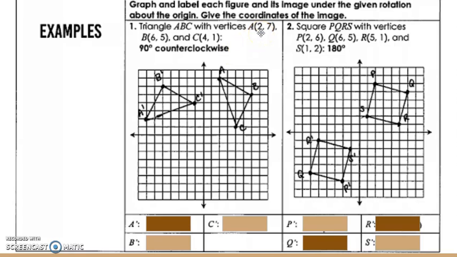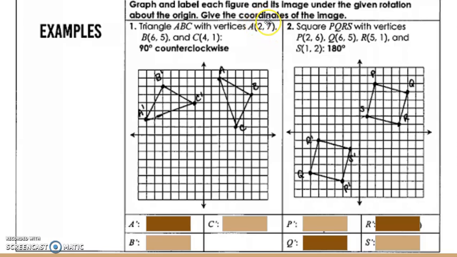So if I take my points, remember a counterclockwise 90 degree rotation says that I am doing negative y comma x. So I'm taking my x comma y, I'm flipping them around, and then I am doing the opposite sign for y.